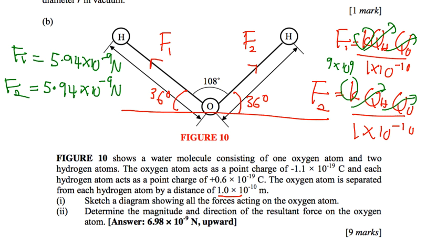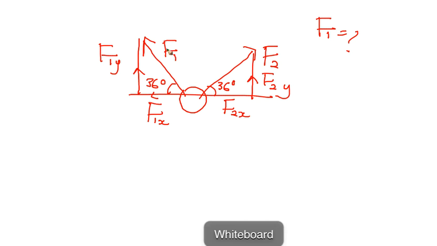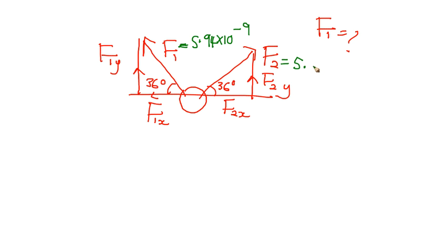So the value of F1 is 5.94 exponent minus 9, and F2 is 5.94 exponent minus 9.